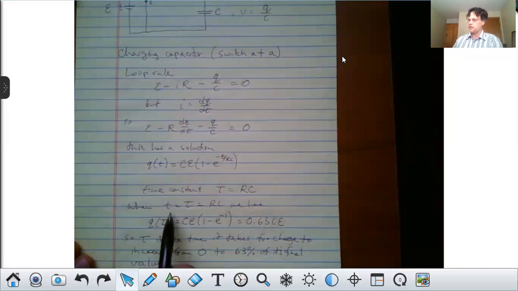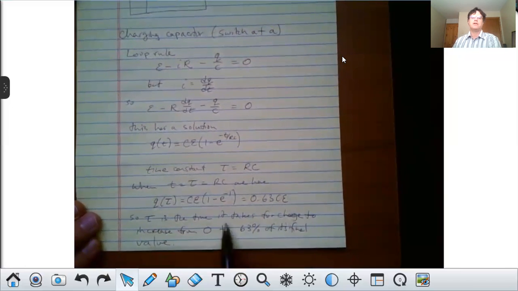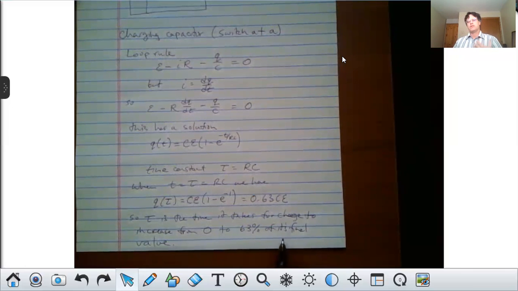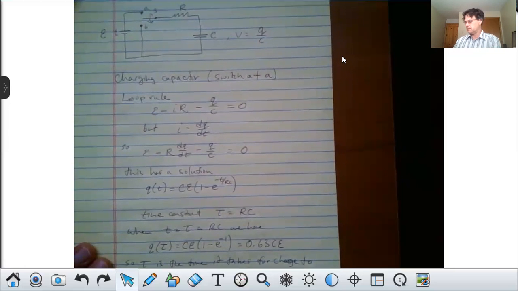For example, when you plug in that time, RC, the t over RC becomes 1, and you get 0.63 CE. So what I can say is that the time constant tau is the time for the charge on the capacitor to increase from 0 to 63% of its final value. So it's the time to get up to 63% of the final charge on the capacitor as it charges up.